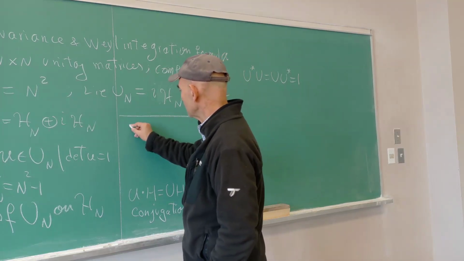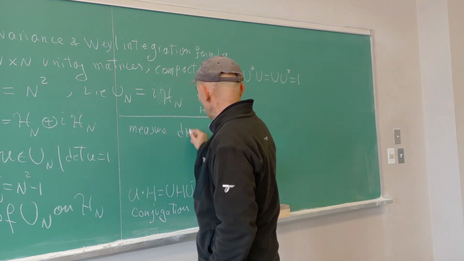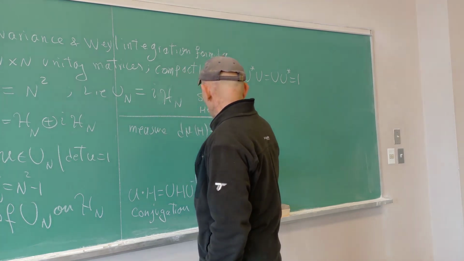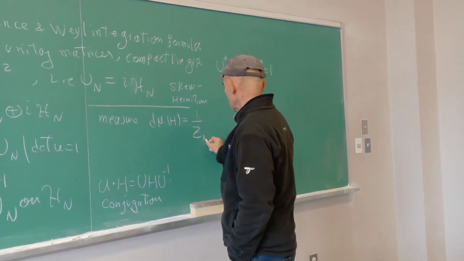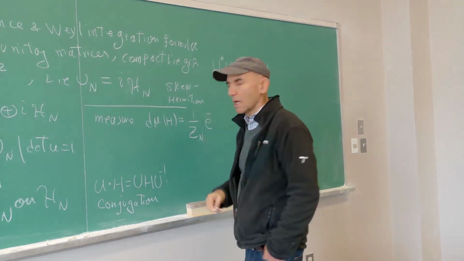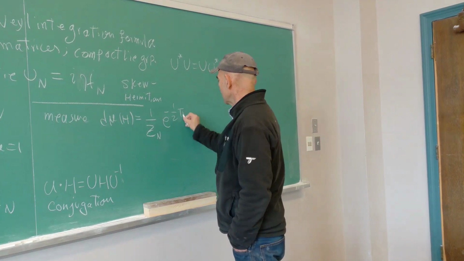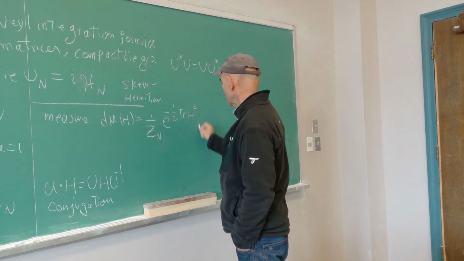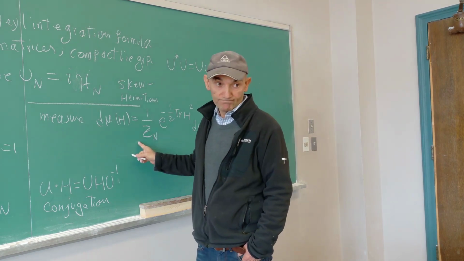The measure d mu(H), do you remember, is 1 over Z_n times exponential of minus 1/2 trace of H squared, times dH. This is a unitary invariant measure.